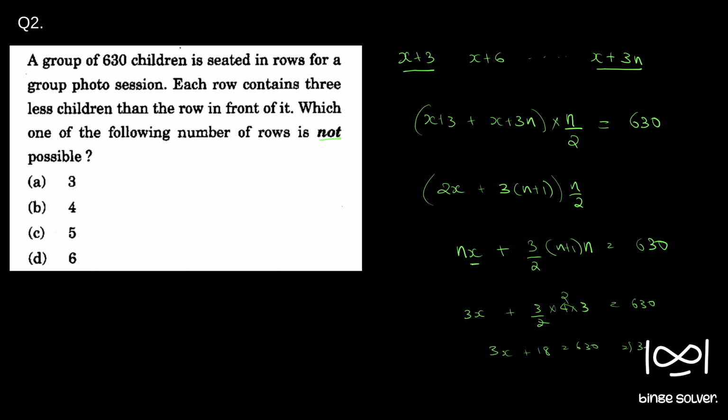That implies 3x is equal to 630 minus 18. 630 minus 20 is 610, so 612. As you can see, this number is divisible by 3 and x is a whole number. So we can say 3 is divisible. Similarly, we can check for 4, 5 and 6 and see whether it gives a whole number.